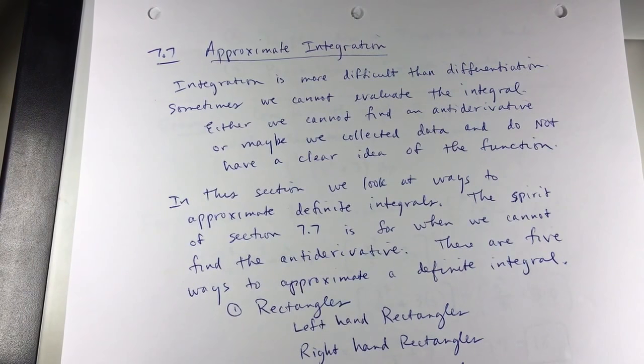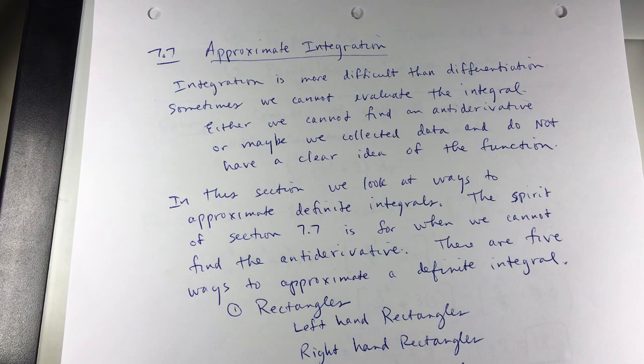So yesterday I started talking about approximate integration, and so I'll just do a quick little recap of that. This would be for definite integrals where maybe the antiderivative is one that we cannot find.